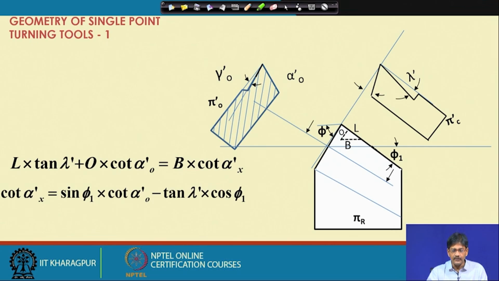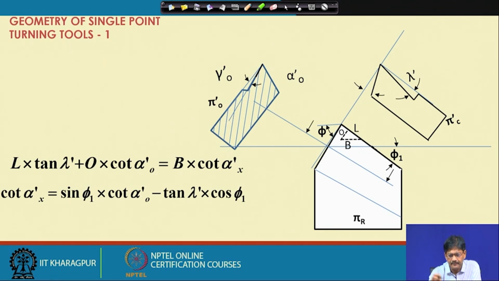First of all, we have shown the sections that we are going to obtain here, that this section is perpendicular to the auxiliary cutting plane. This is the trace of the auxiliary cutting plane. Okay. This is what we see in the auxiliary cutting plane, lambda dash, auxiliary inclination angle.